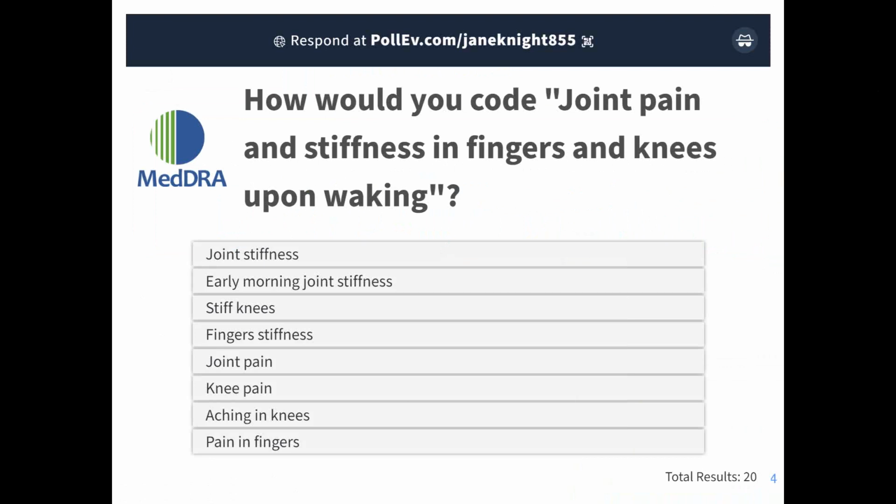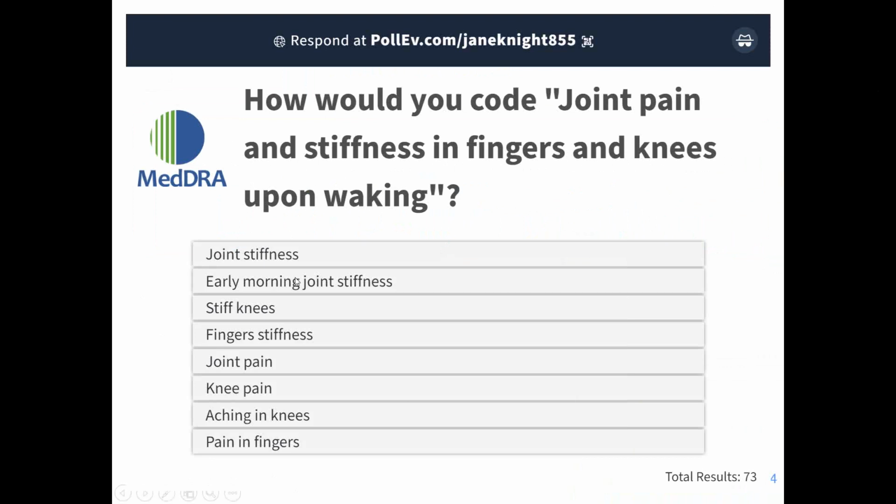But can we assume that the reported stiffness and the pain is also referring to the finger joints? Or would you think that the information joint only refers to the pain and stiffness of the knees and not to the fingers? So this is a fairly common scenario, and in normal usage, this information is not repeated again. So the information joint would not be repeated again within an enumeration. And I'm really curious to see how you would approach this issue.